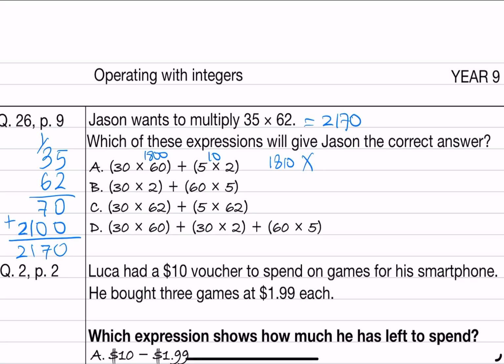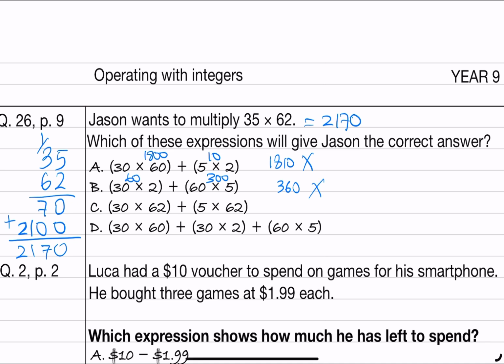Obviously no. What about 30 times 2 is 60, and 60 multiplied by 5 gives us 300. Obviously, when we add it, it gives us 360.